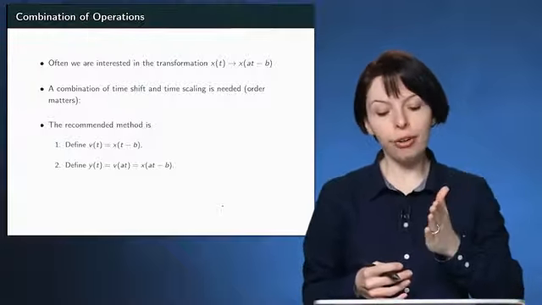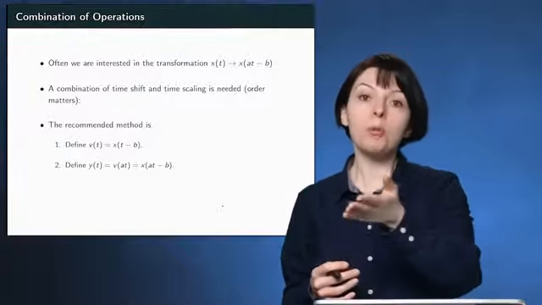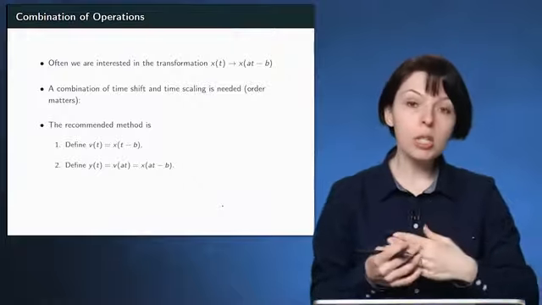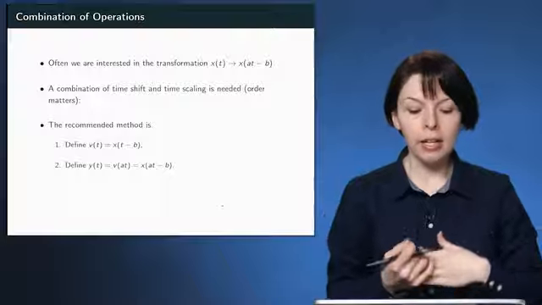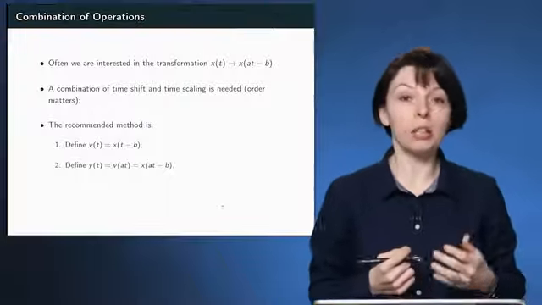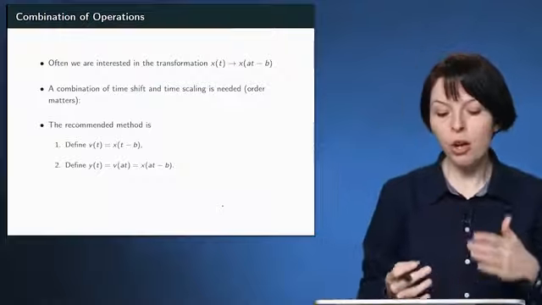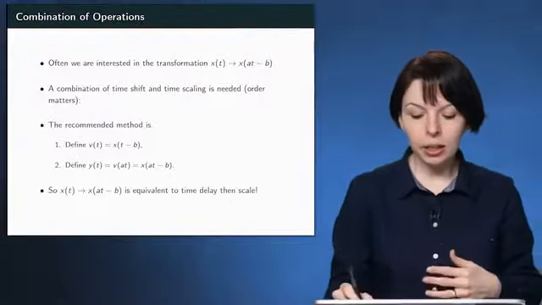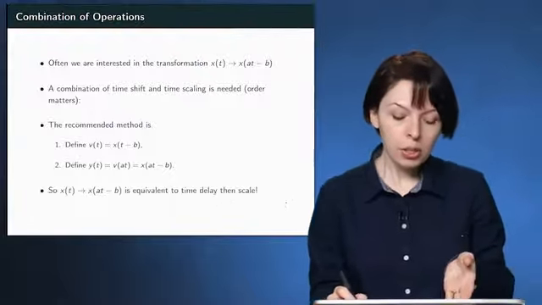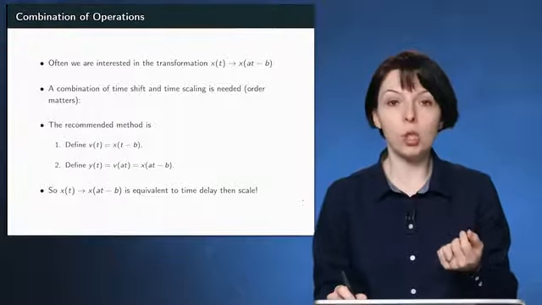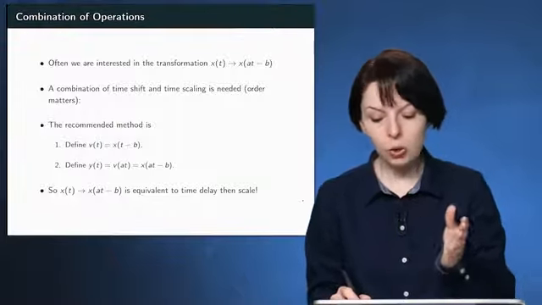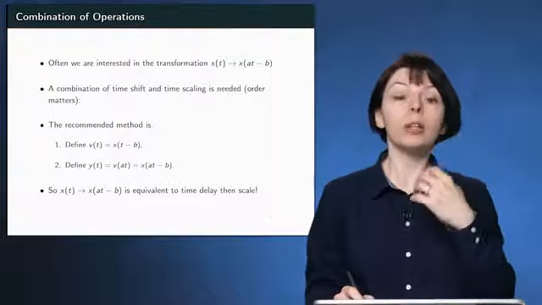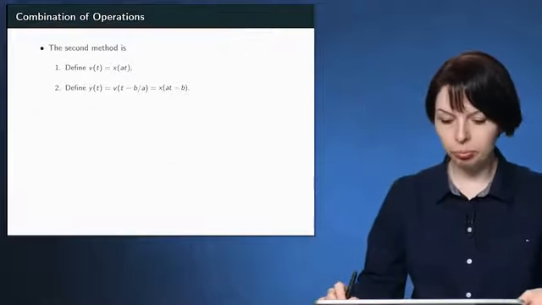So we first need to define a new signal that's the time shifted version of the original signal, and then define a second signal, which is the scaled version of the signal defined in step 1. So this is first time shifting and then scaling. If b is a positive number, then this time shifting is called delaying. So if b is positive, basically we first delay the signal, then time scale it.